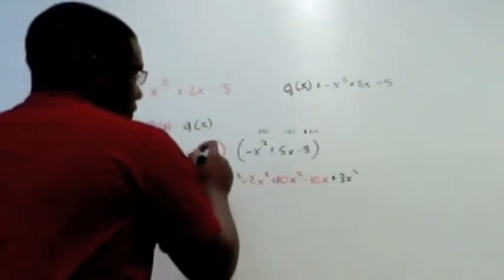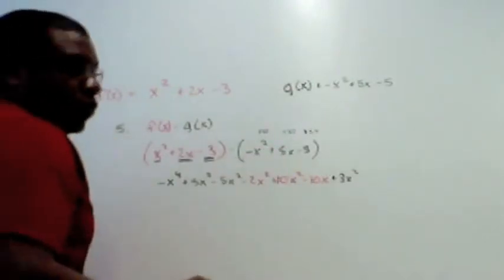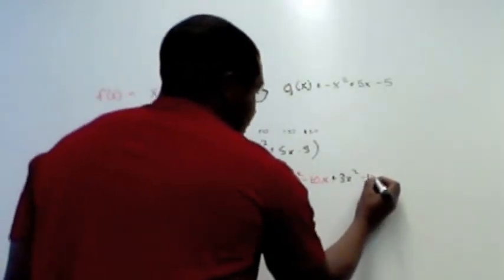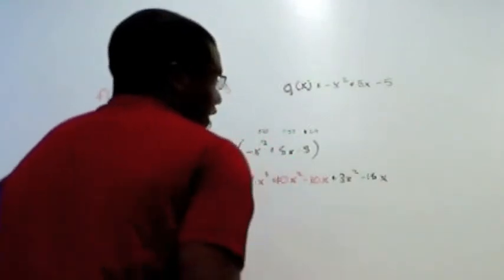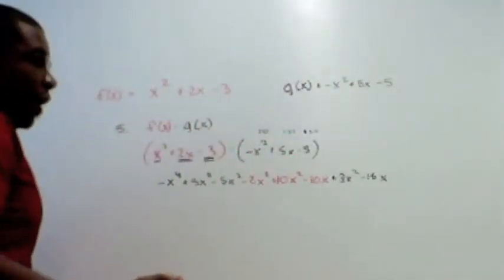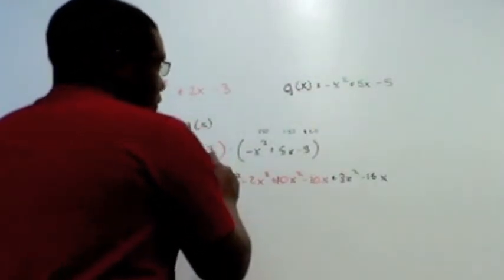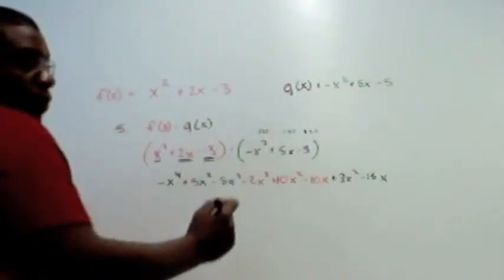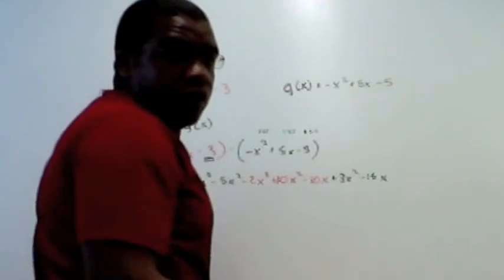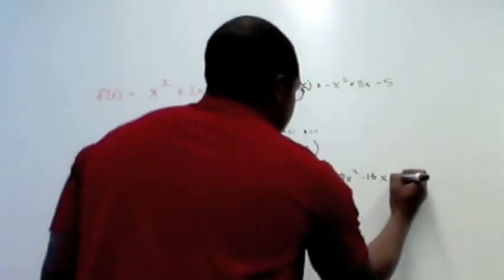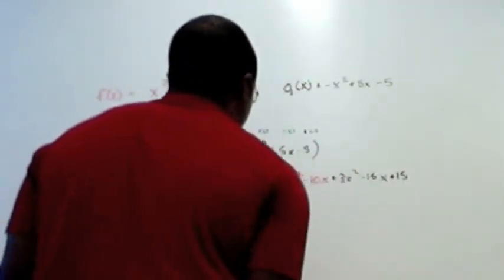Then I'll have negative 3 times 5x, which will be negative 15x. Now for my last move, I'll have negative 3 multiplied by negative 5. Again, 2 negatives multiplied together make a positive, so I'll have plus 15.